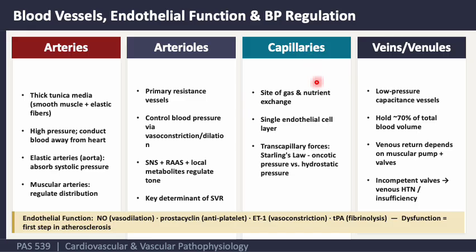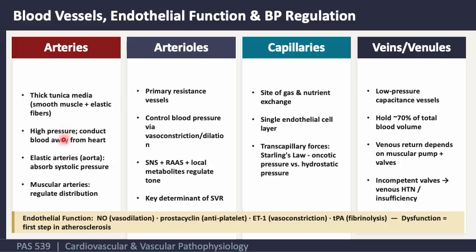So this is a slide just summing up the last maybe three slides. We have different blood vessels: the arteries, arterioles, the capillaries, and the veins. Again, you have different layers. With arteries, the thick tunica media is comprised of smooth muscle and elastic fibers.